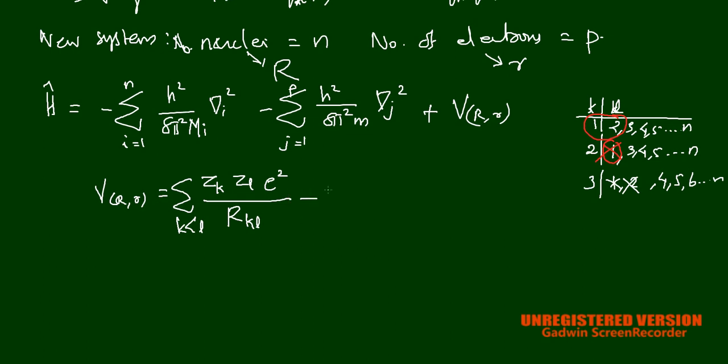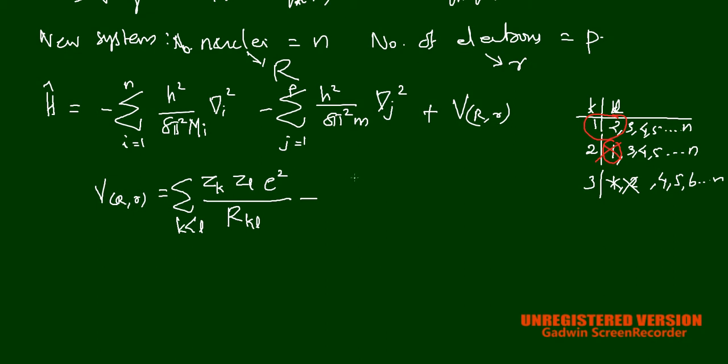Now we have to talk about the attraction. How is the attraction originating? The attraction is due to the nucleus-electron attraction. Nucleus and electrons attract each other. So let us talk about the attraction of the kth nucleus with the jth electron.